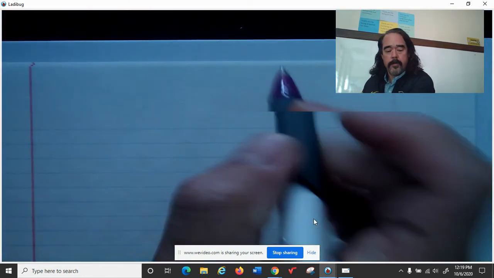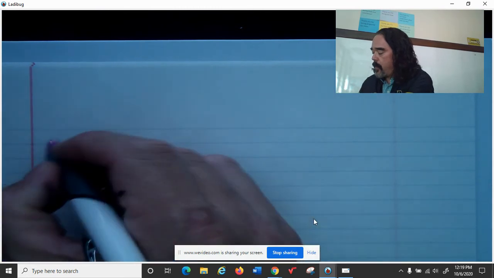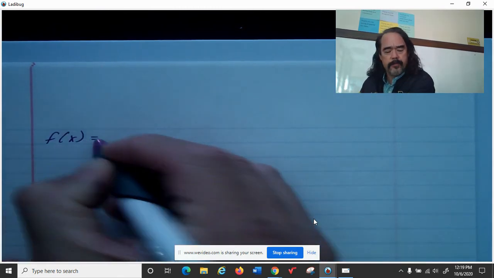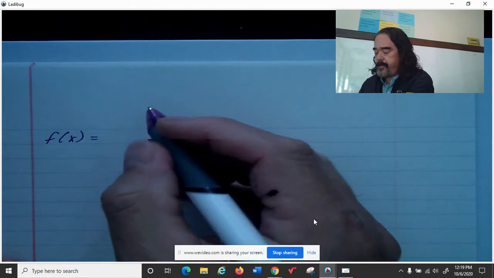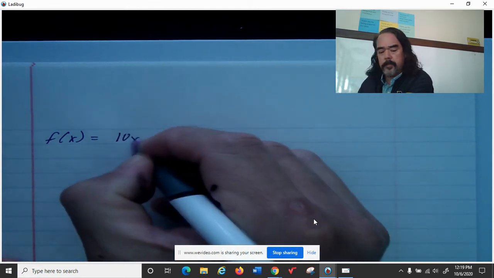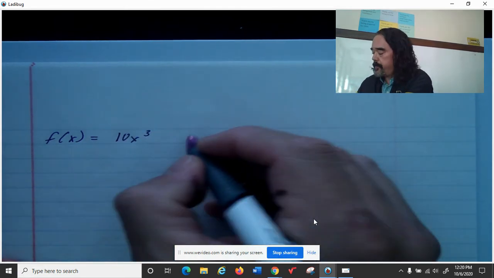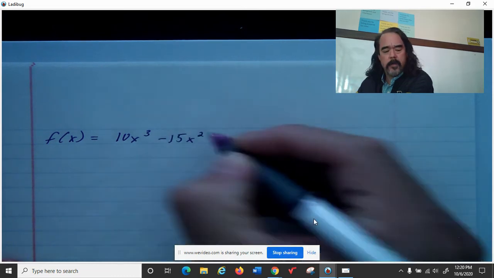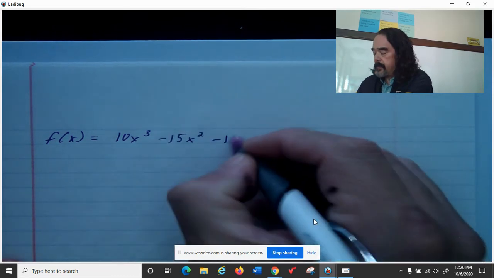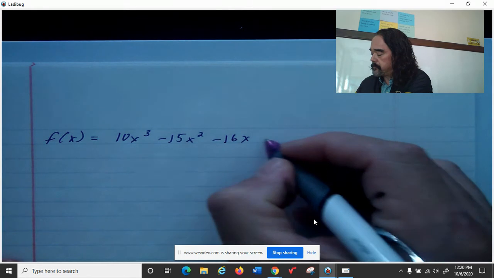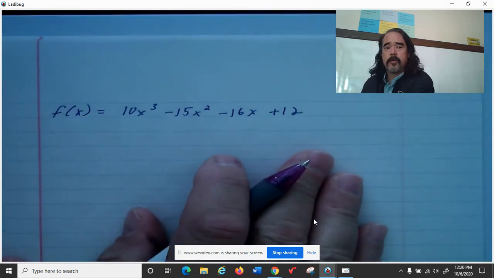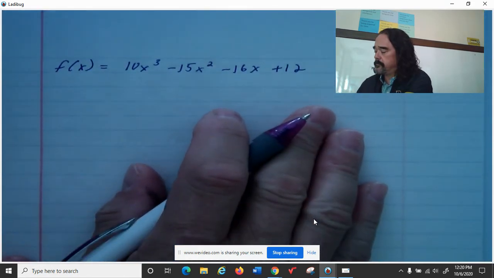Okay, so last example. Find all possible rational zeros for the function 10x cubed minus 15x squared minus 16x plus 12. All right, so here's my constant.